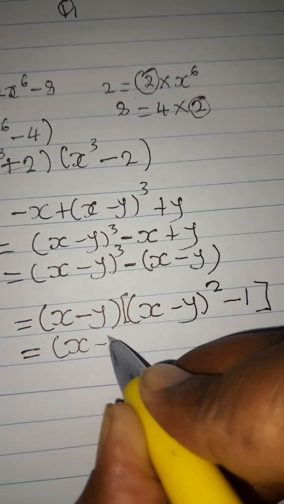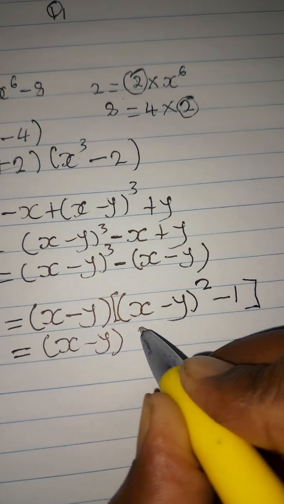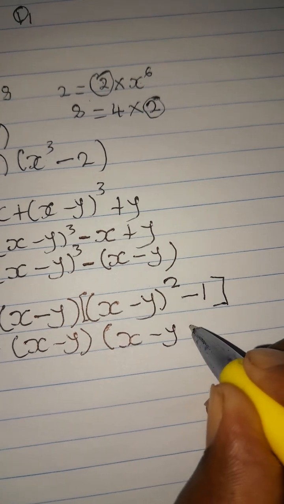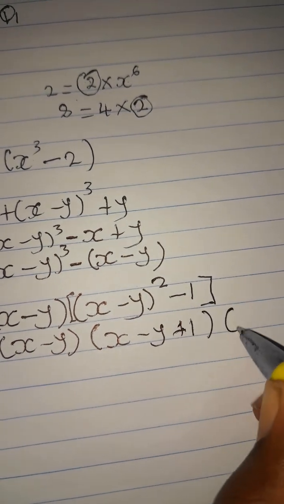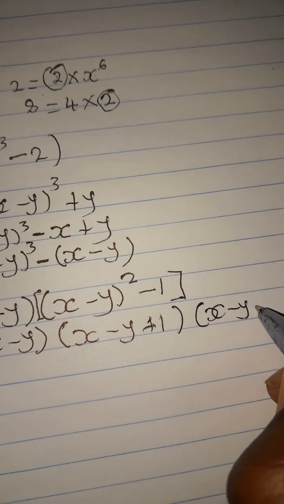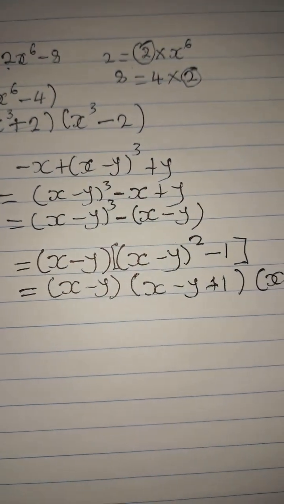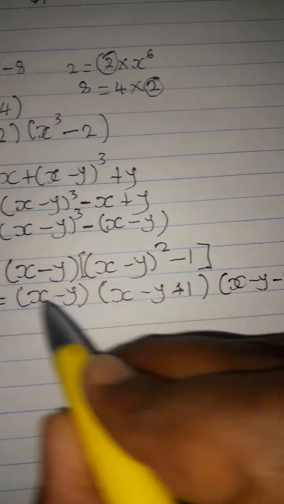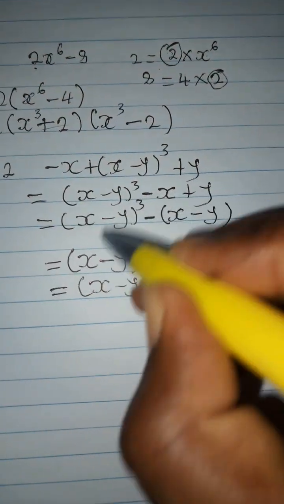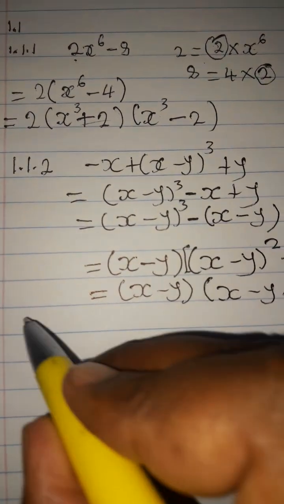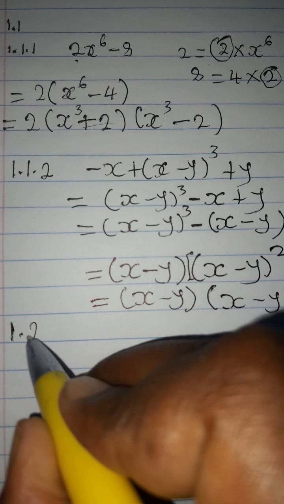So we have x minus y as well as x minus y plus 1. Also we're going to have x minus y minus 1. So this is how you will work this out, or if you have other alternatives, you can use them. It's also fine. So we are going to 1.2.